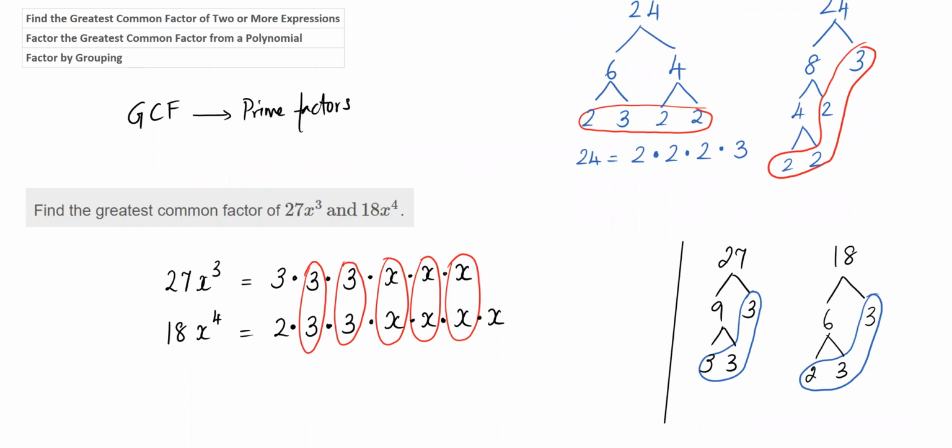These were common for these two expressions. Now we will count them once for each common one you find, okay? So I'll just say GCF, greatest common factor, is one set of 3 times another set of 3 and 3 sets of x.